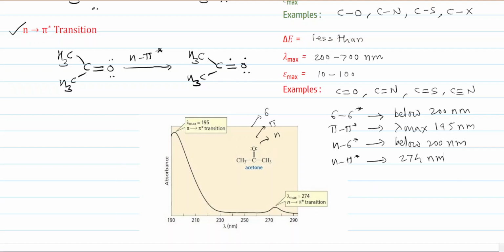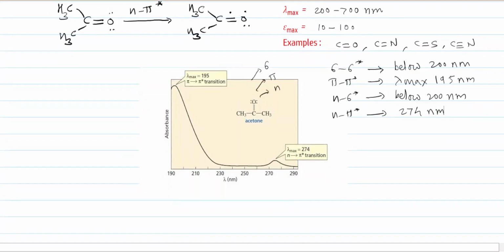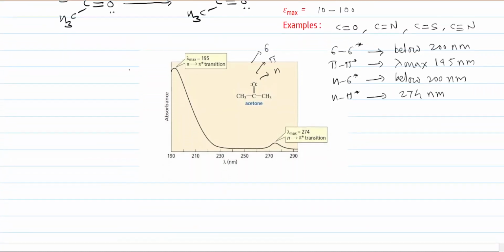And if we compare the energies required for these transitions, then we can write here the sequence, that is sigma to sigma star transition requires more energy than that of n to sigma star transition, than pi to pi star transition, than n to pi star transition.